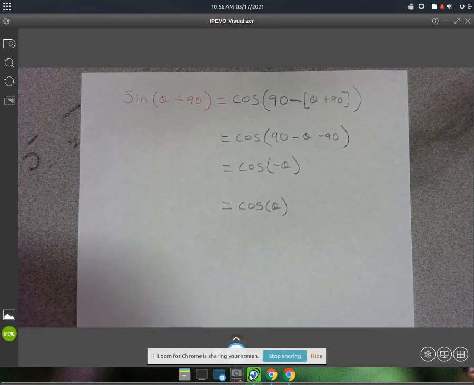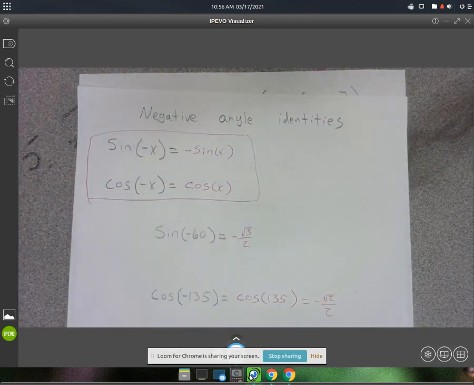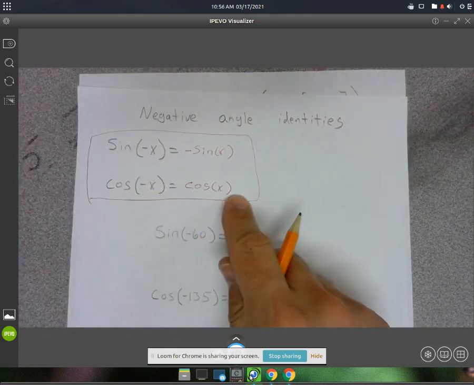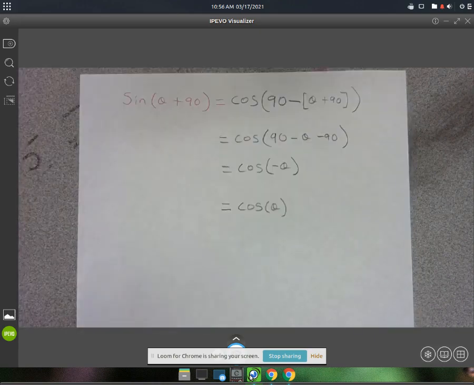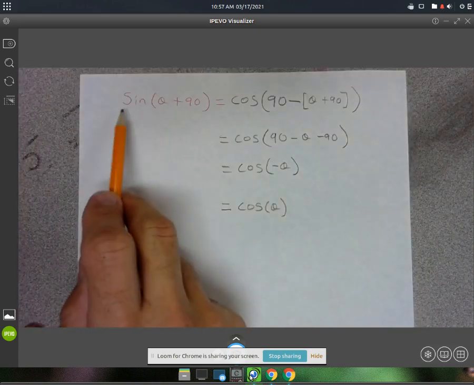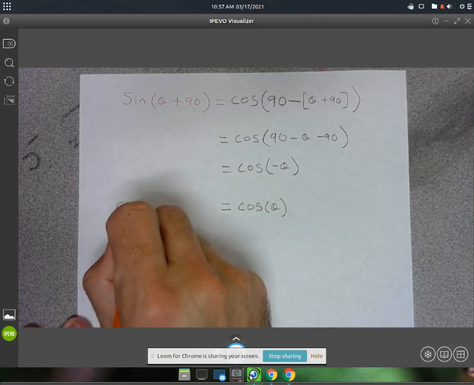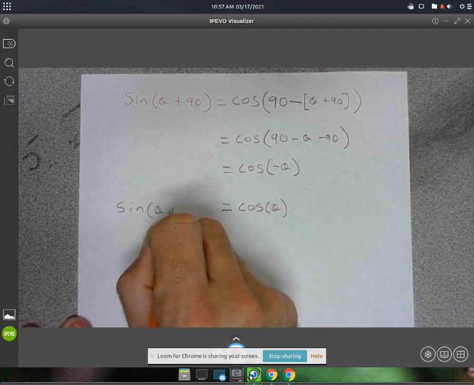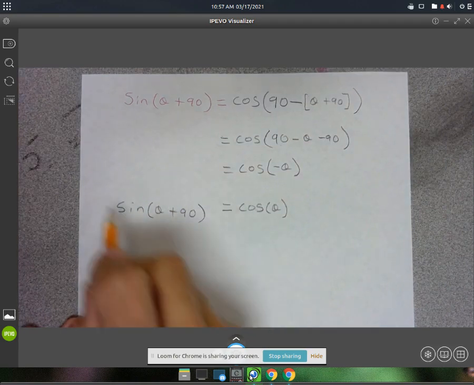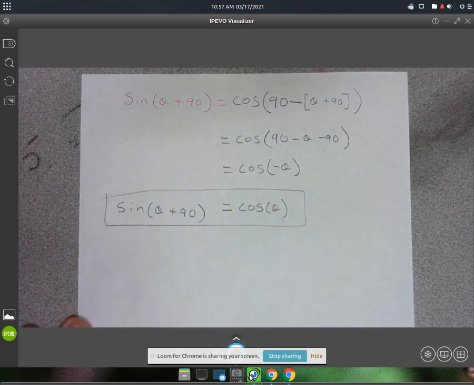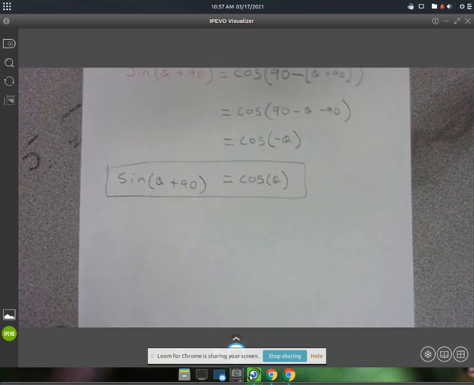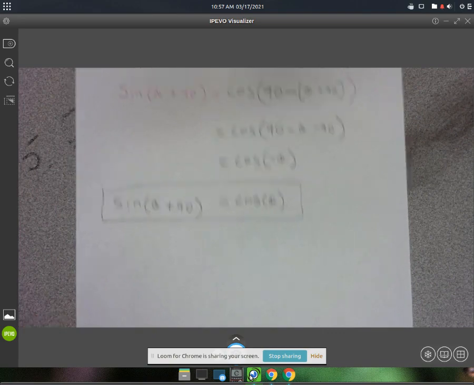That was my negative angle identity. Cosine of negative theta is equal to cosine of theta. So all of that means that sine of theta plus 90 is equal to cosine of theta. Got it. All right, let's do it the other way.